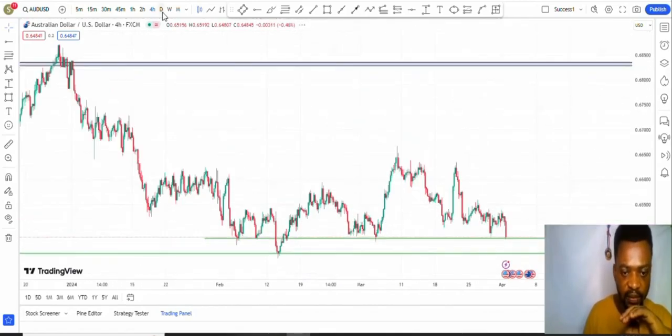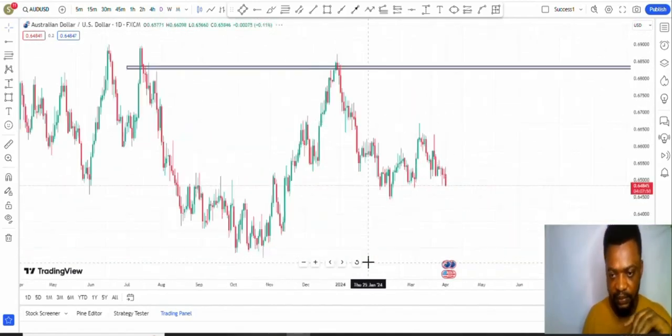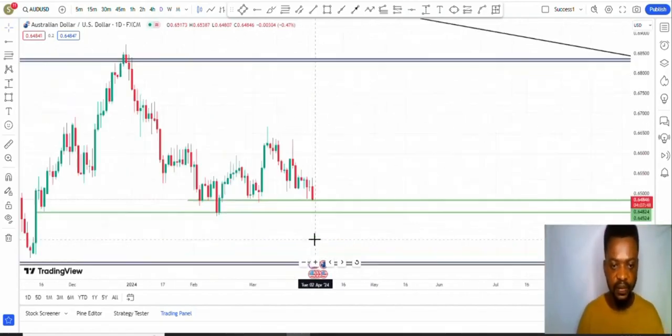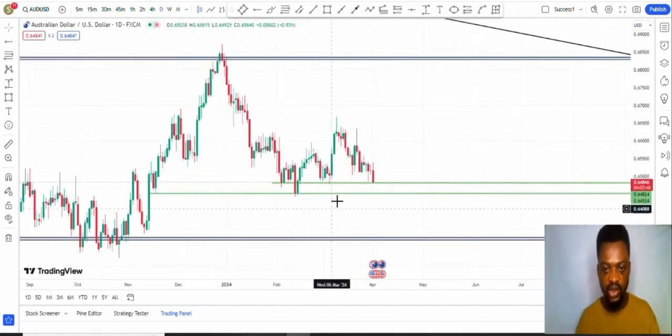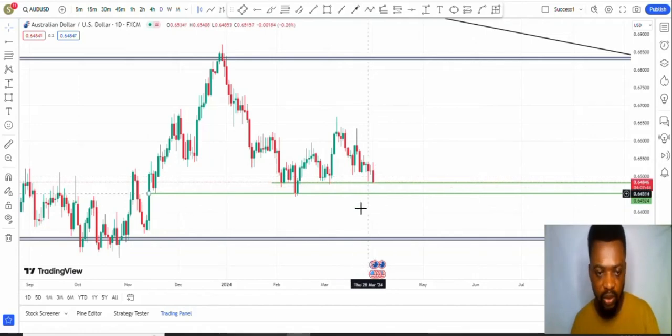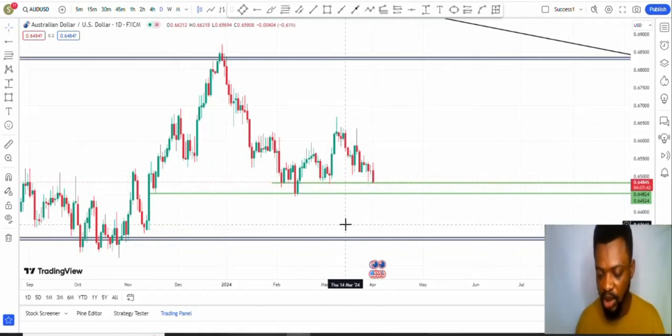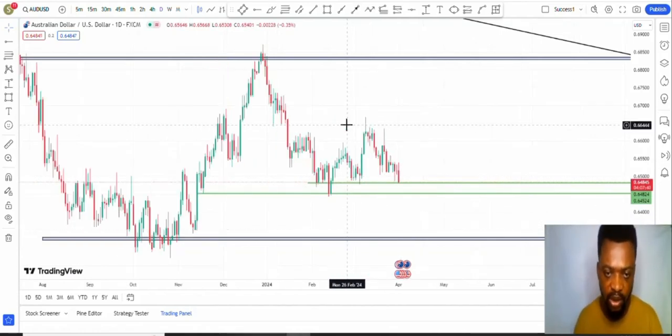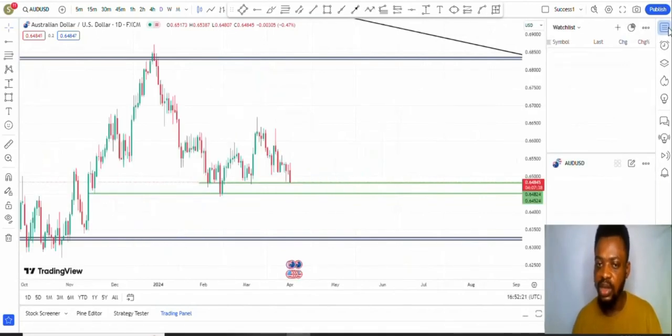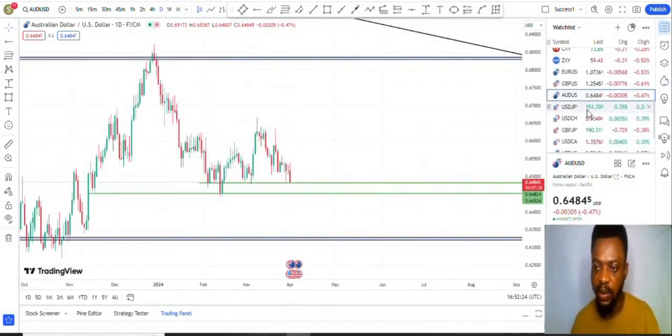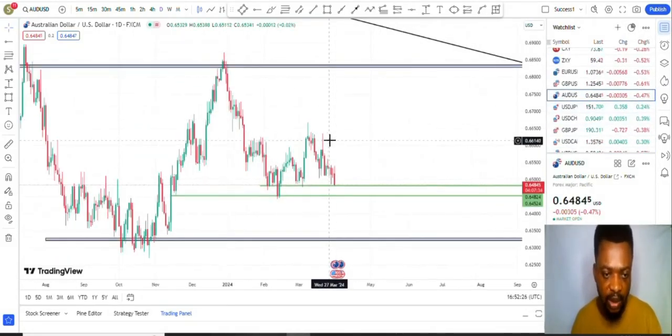So I want to be careful around it, because this strong order to drop down is what I'm looking at on AUD USD. So that's all about these guys.